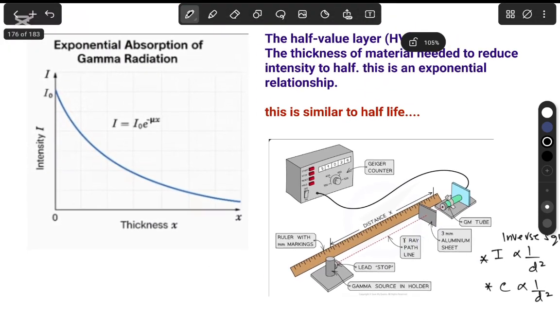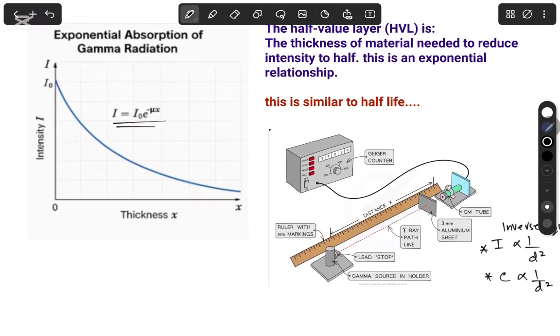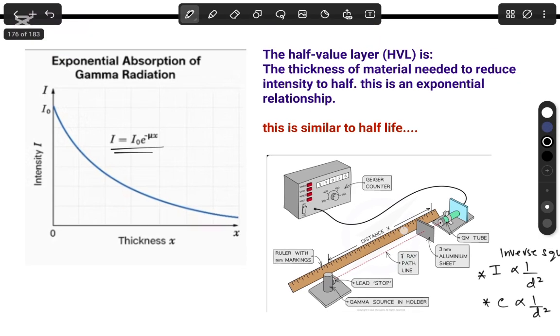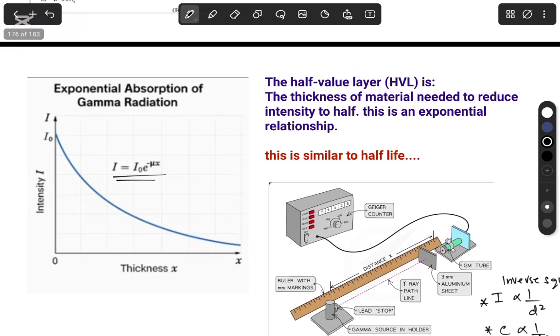When you change the thickness, it follows this relation right over here: I equals I naught e to the minus mu x, where x is the thickness and I is the intensity. And what I want to talk about specifically is the half thickness or half value layer. In Excel they call it half thickness, so I'm just going to use that language here as well.